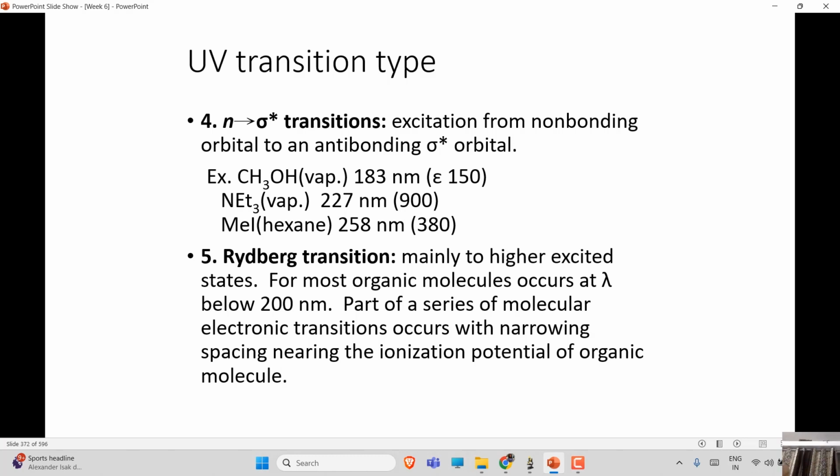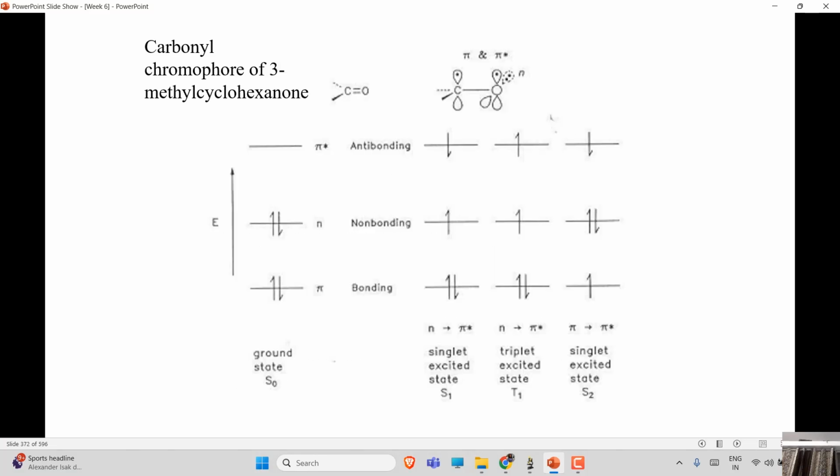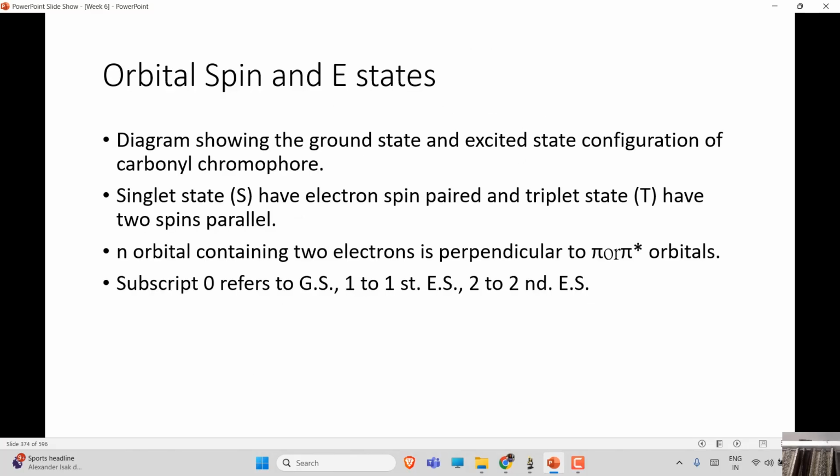It's a part of a series of molecular electronic transitions that occur with narrowing spacing nearing the ionization potential of the organic molecule. So we have discussed all of these.